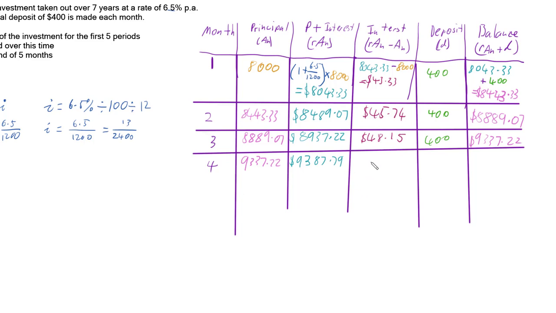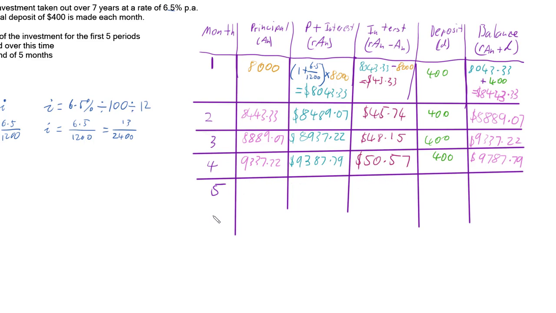And this time we get $50.57 worth of interest paid into the account by the bank. Add in our deposit into that, and we get a final balance of $9,787.79. One more month to go to get to the end of the fifth month.